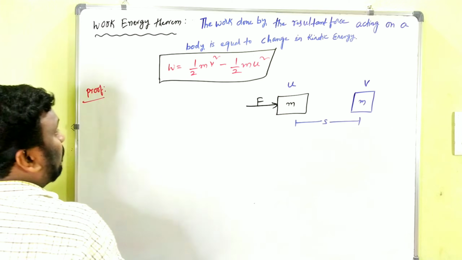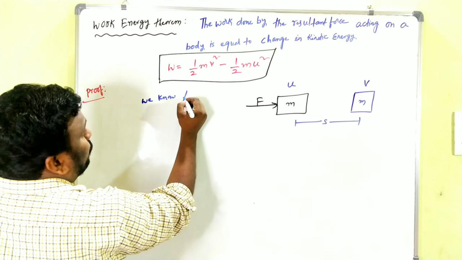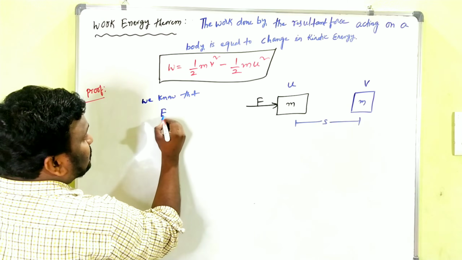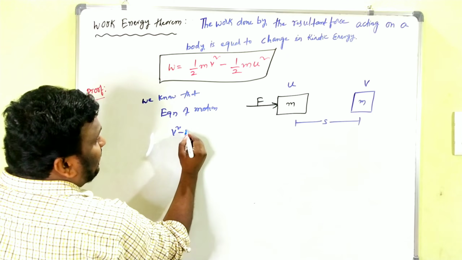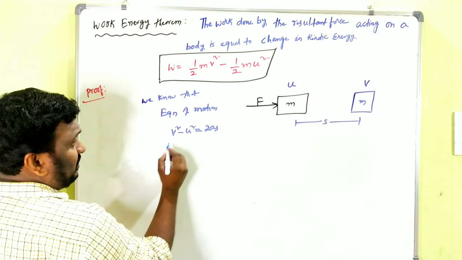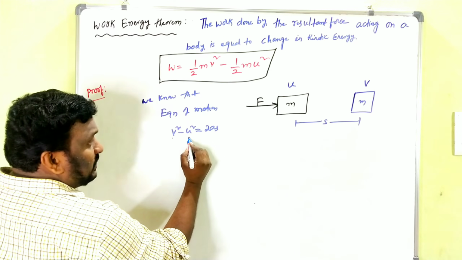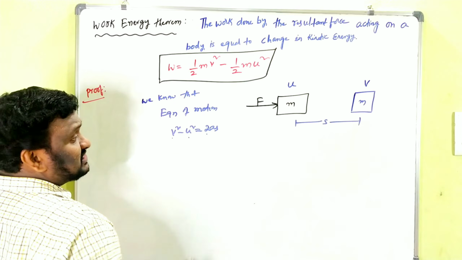Now in this case, children, we know the equation of motion: v square minus u square equals 2as. Here v is the final velocity, u is the initial velocity, 2 is the number, a is acceleration, and s is the displacement.